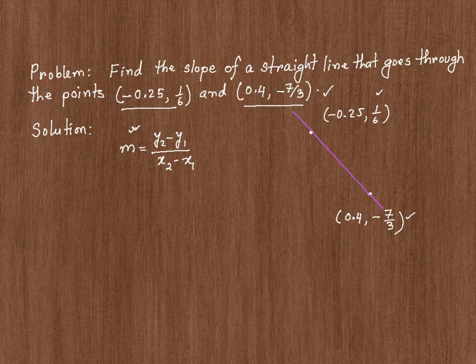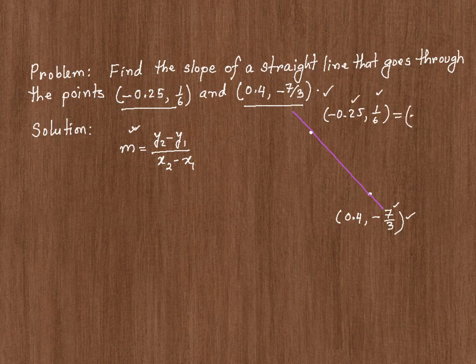The reason is that we are trying to avoid repeating decimals. After the decimal point, you could have repeating numbers, which could potentially introduce approximation. Look, this point, negative 7 over 3, is going to be negative 2.33 repeating. So we want to avoid that kind of scenario, and I'm going to convert all the decimals into fractions.